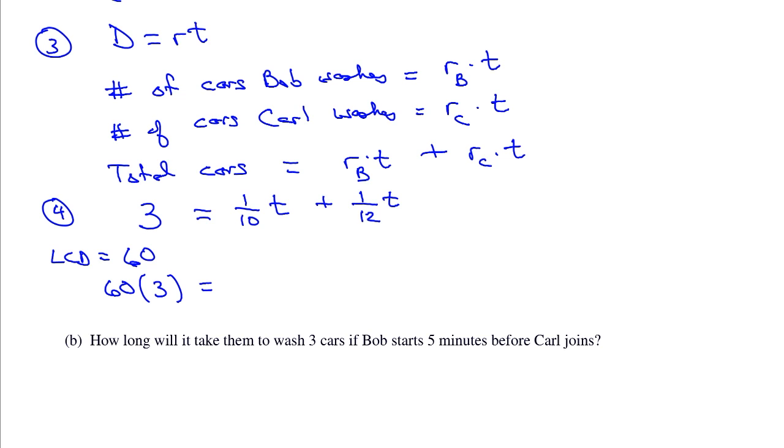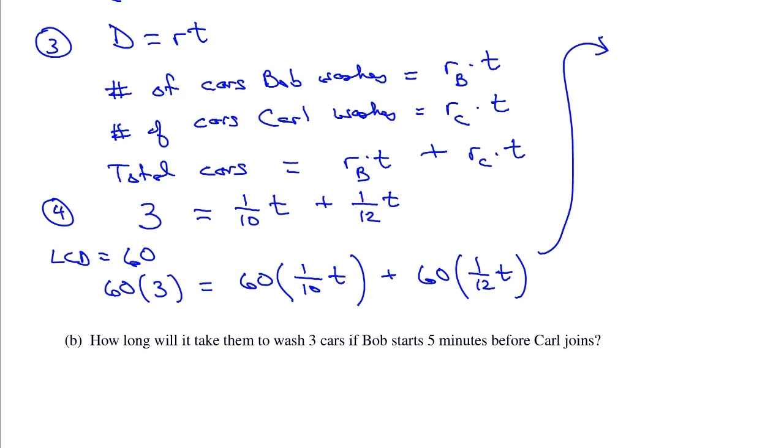So 60 times 3, and then 60 times each of these pieces. 1/10 t plus 60 times 1/12 t. Let me come up here and finish the solution. So we have 180 is equal to 60 divided by 10 is 6t. 60 divided by 12 is 5t.